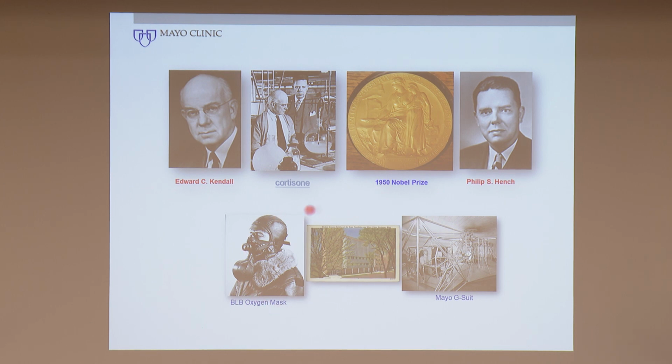Let me give you another example. Aerospace medicine was developed at Mayo Clinic. Around World War II, just between World War I and World War II, the jet plane was developed. In order to reach higher altitude, you have to have aerospace equipment.